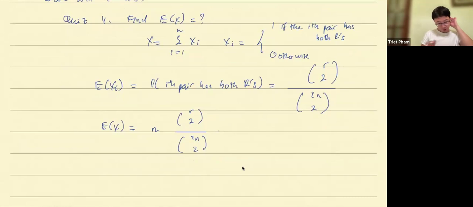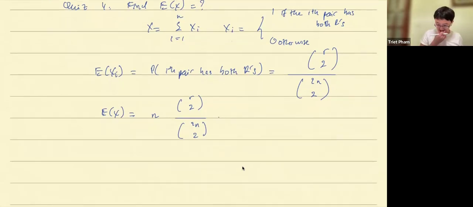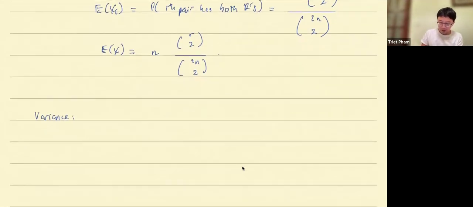All right. So that should cover some of the questions on the homework. Now, let us say a few things about the topic of variance. We talked about variances before, but let's go more in depth about it.